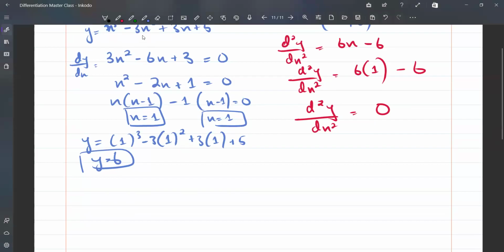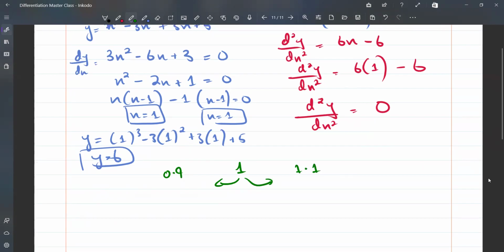So the stationary point was 1. If we subtract 0.1 from here, we get 0.9, and if we add 0.1 here, we get 1.1.